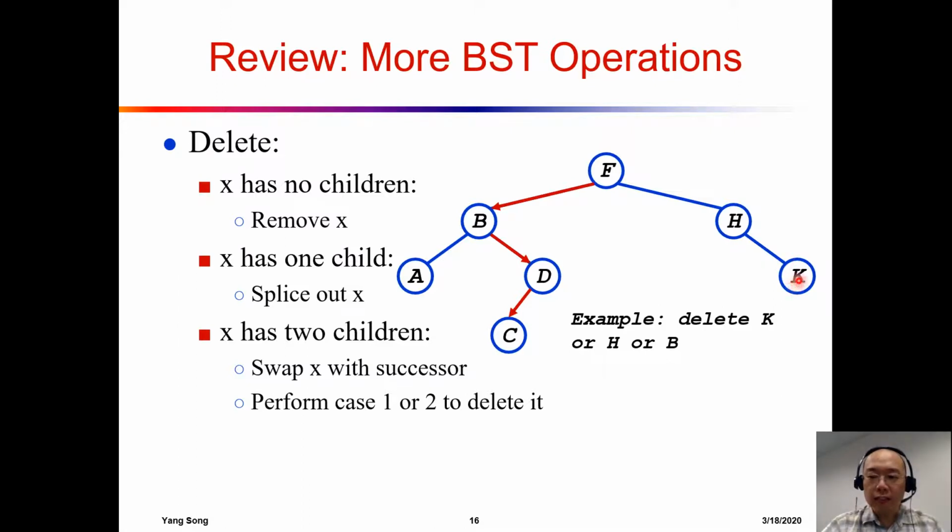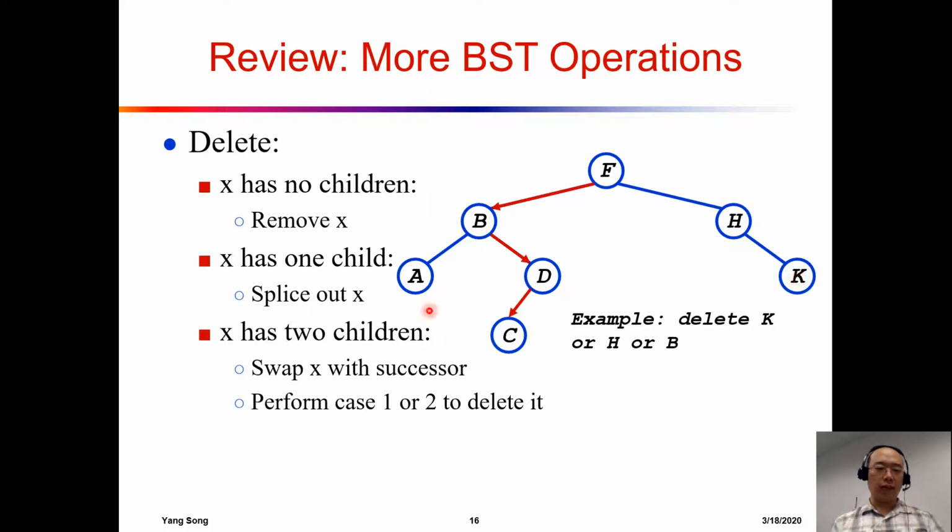Node K itself is a leaf. So if we want to delete a leaf, you just throw that away and tell the parent H, hey, from now on you have no right child K anymore. So just detach K from H and then throw away the node K, and then the first case is done.